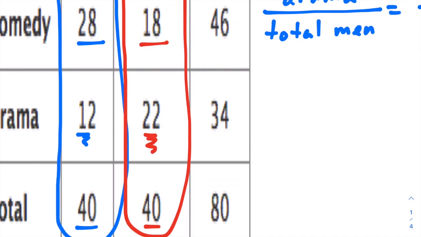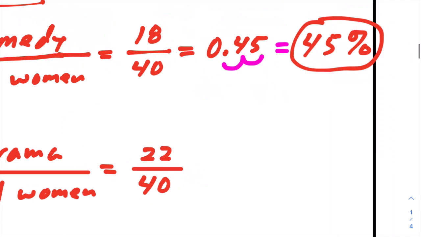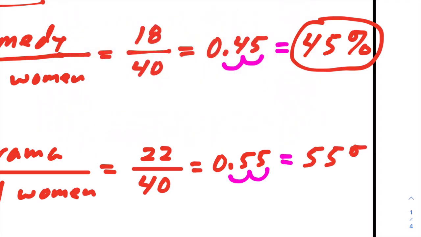And this time we need to find out how many of them like dramas. So this time we can see that there were 22 women who like dramas of the 40. So there's your 22. Using your calculator again, you end up with 0.55. And again, some of you are going like, I knew it.